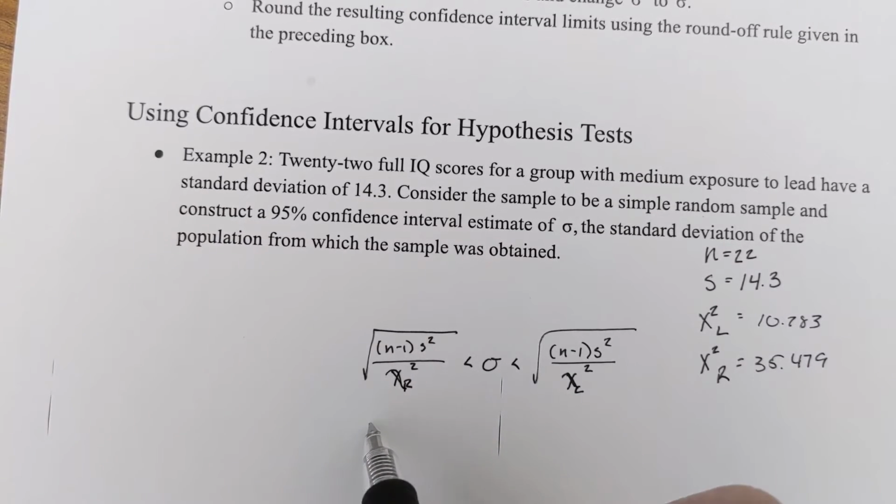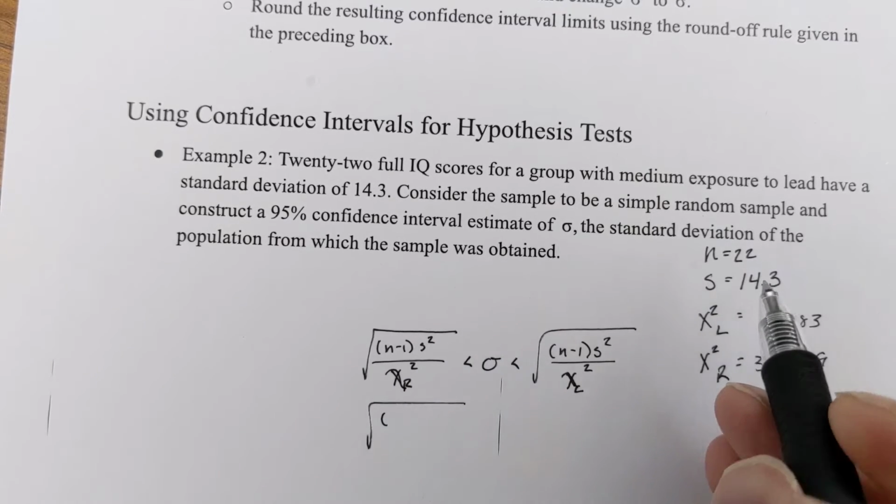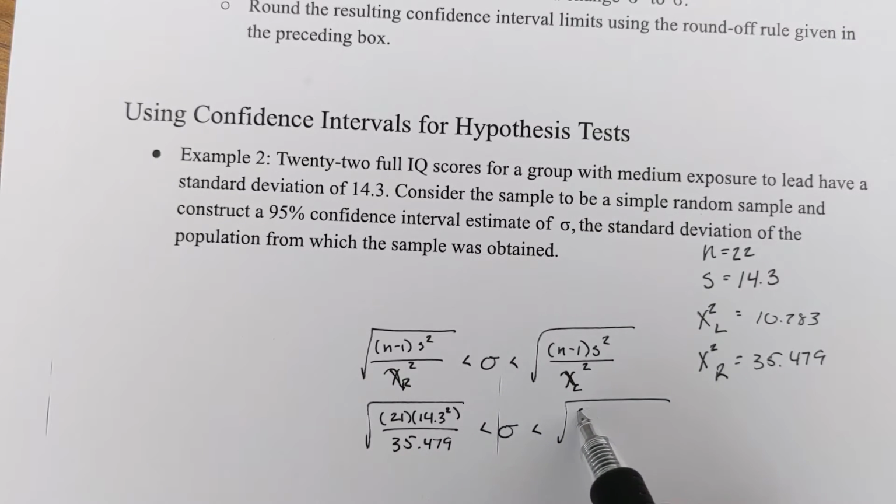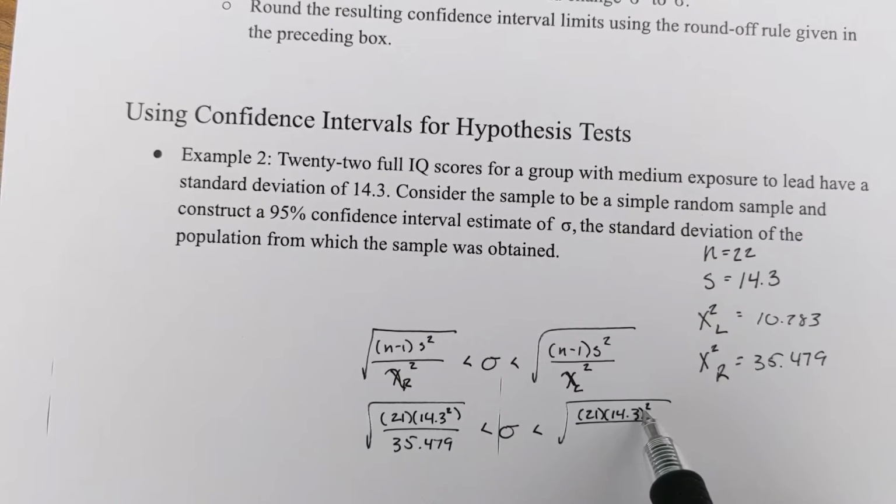So on the left, n-1 is going to be 21, s is 14.3 squared, all over the right value, 35.479, less than sigma. And over here, we're going to have 21 times 14.3 squared over 10.283. It doesn't matter if the squared is inside or outside the parentheses.